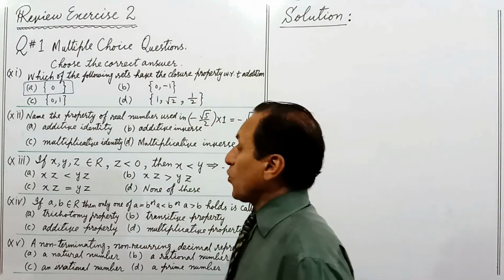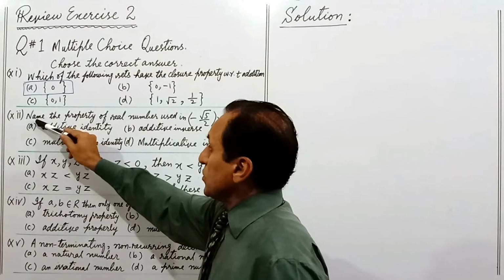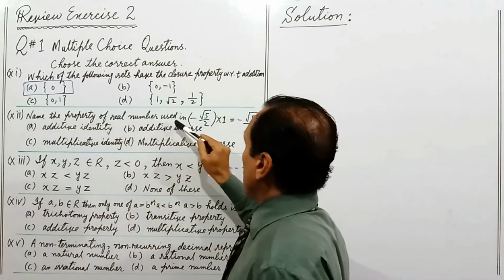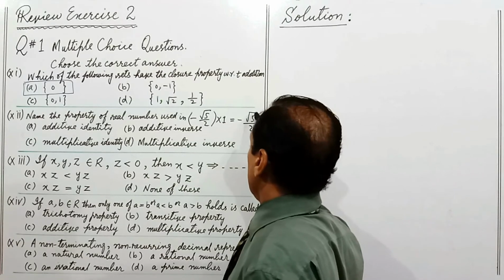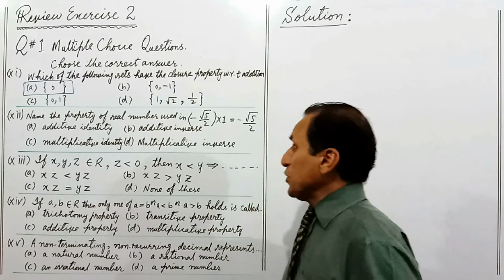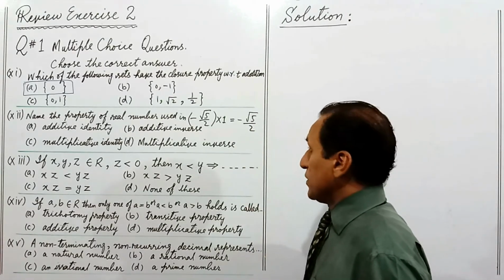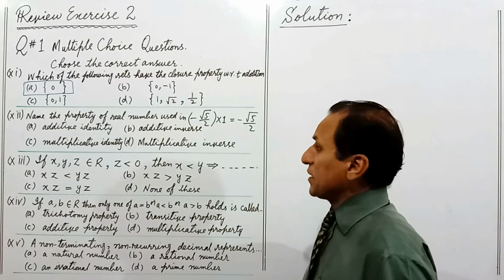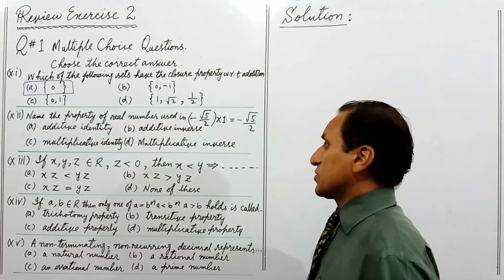Now we move to point number 12, in which we name the property of real numbers used in minus under root 5 over 2 multiplied by 1 is equal to minus under root 5 over 2. As we know, 1 is such a number which belongs to the set of real numbers which, when multiplied to any number, the identity will not change.